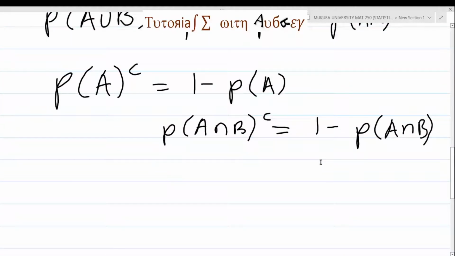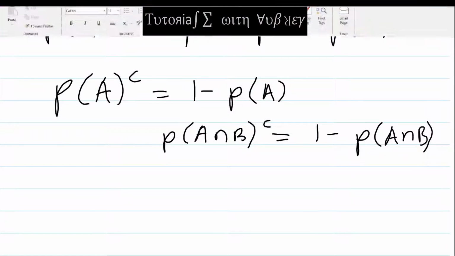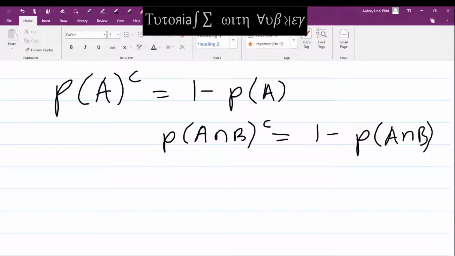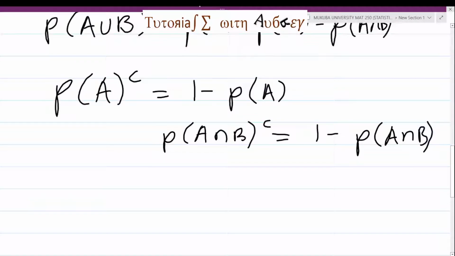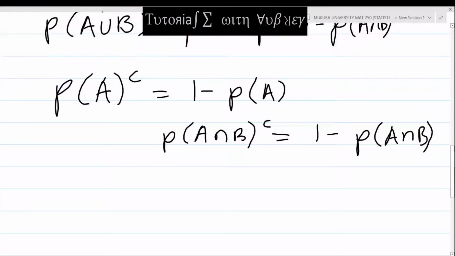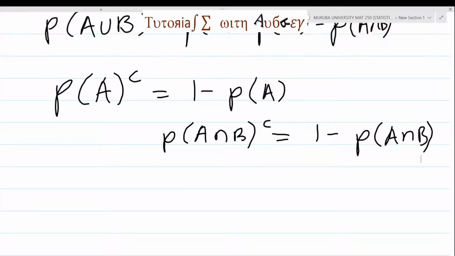We also have the probability of an empty set. The probability of an empty set is equal to 0.